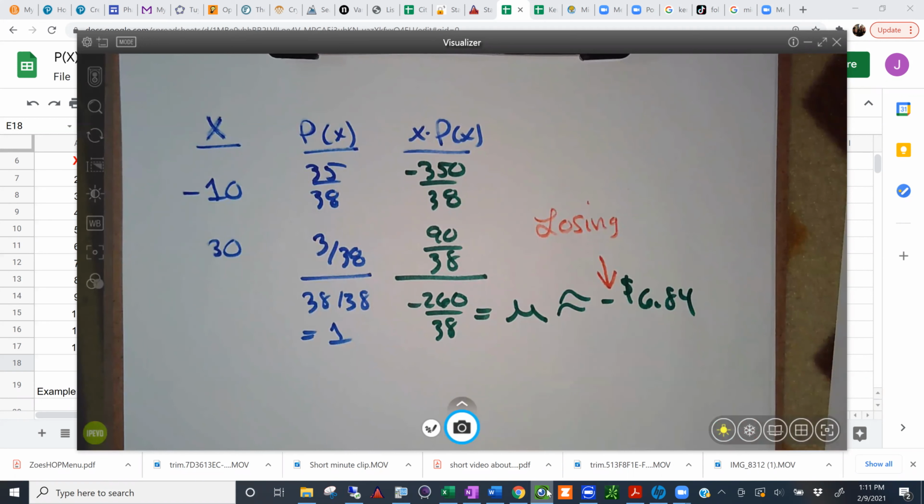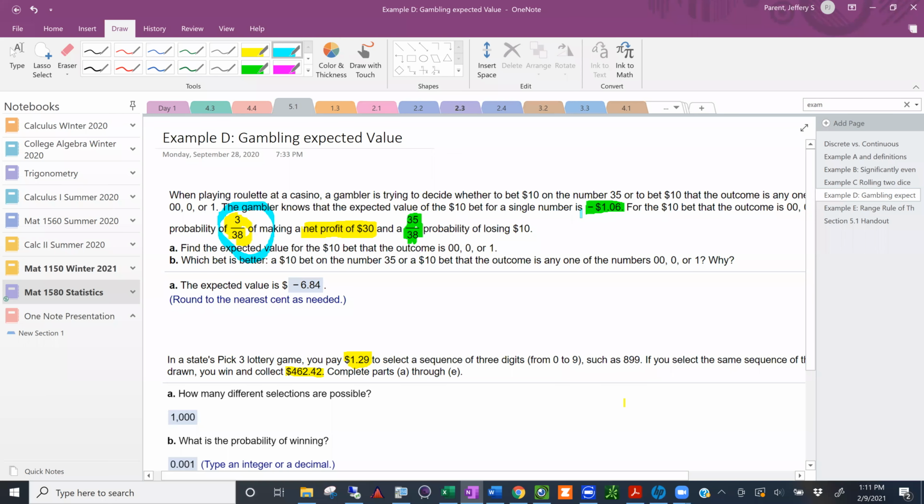With that though, which one of these would you choose? Would you choose this game, playing 3 numbers, or would you play a single number? Now, the expected value for the single number game was negative $1.06. I'll let you think about that and see if you get the right answer this way.